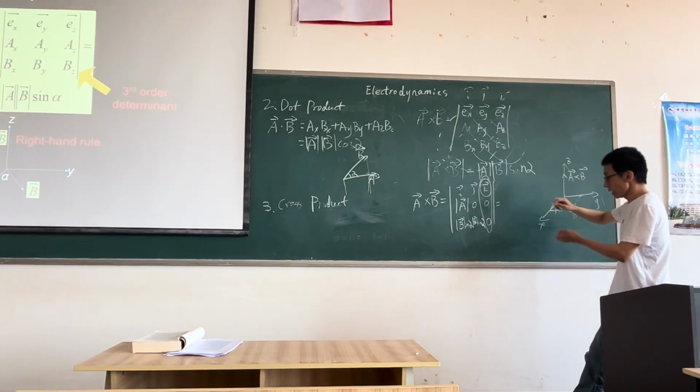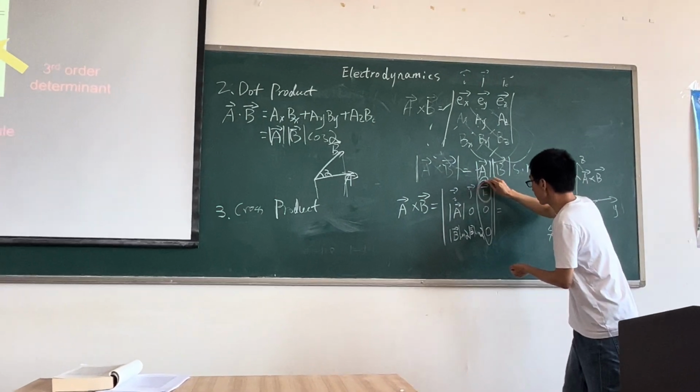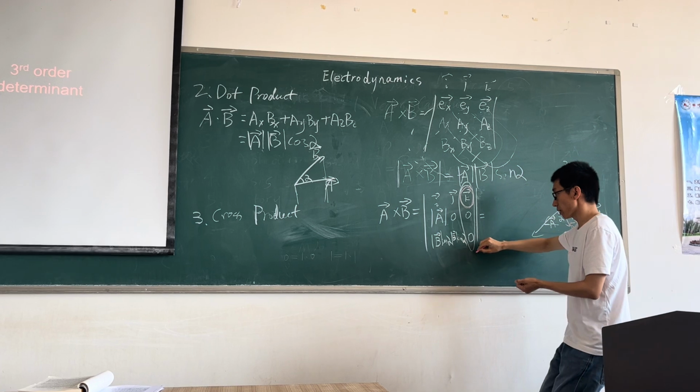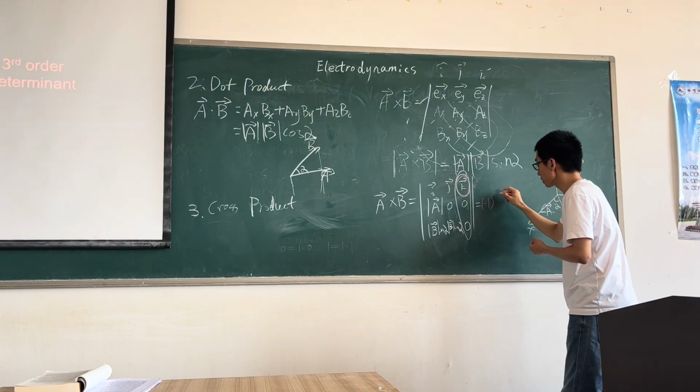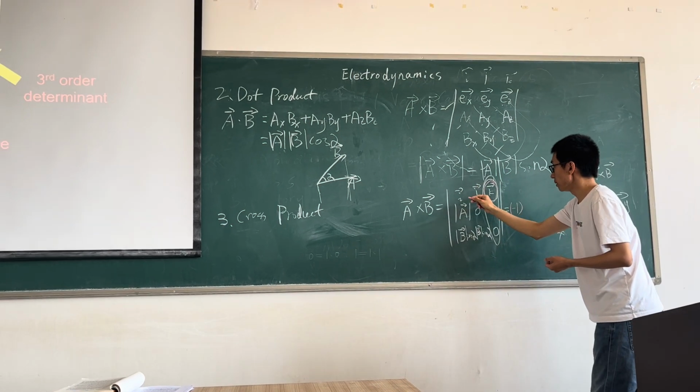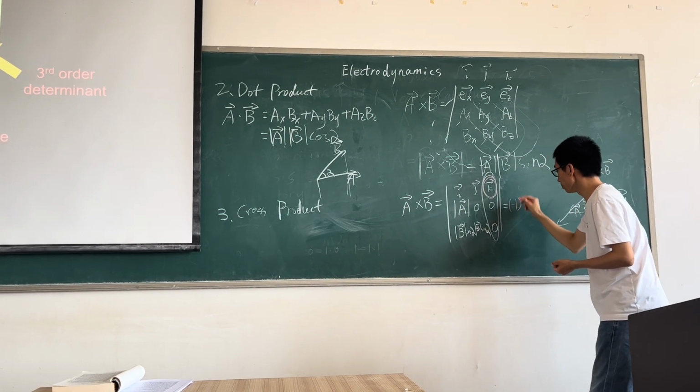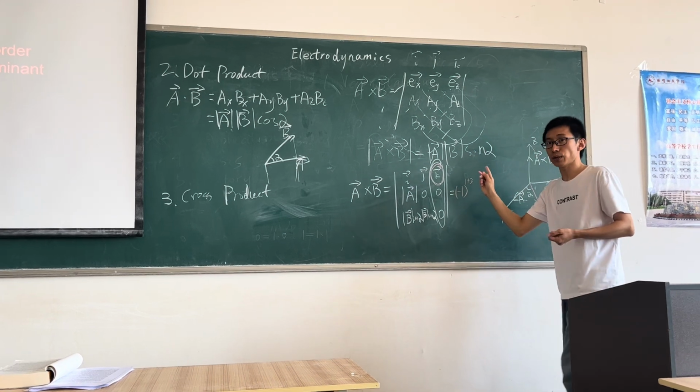There's only one element, k, which is not zero in the third column. First is minus one to the power of, this is the first row, third column, 1 plus 3.